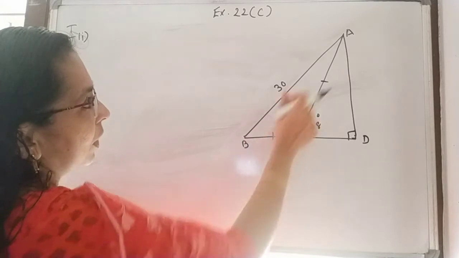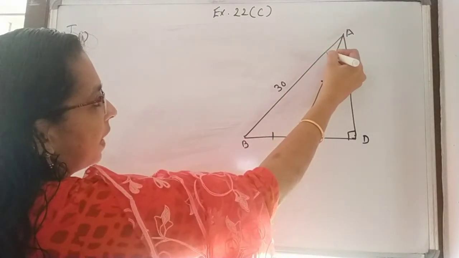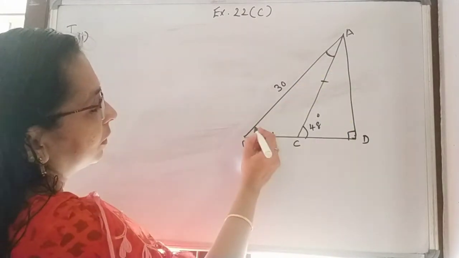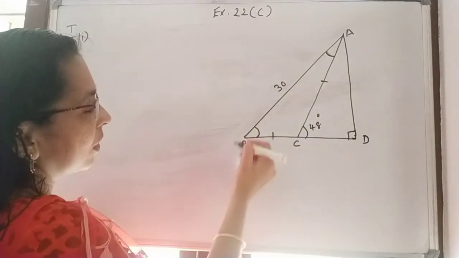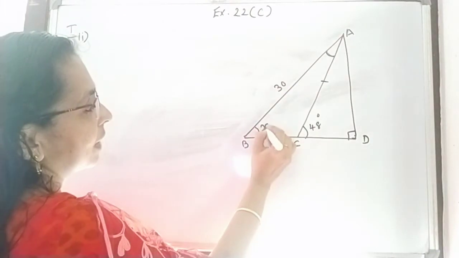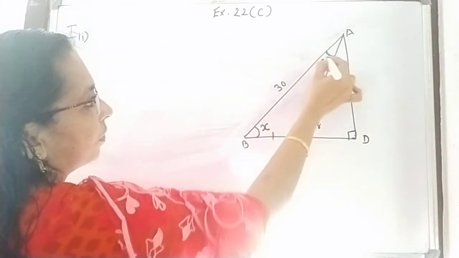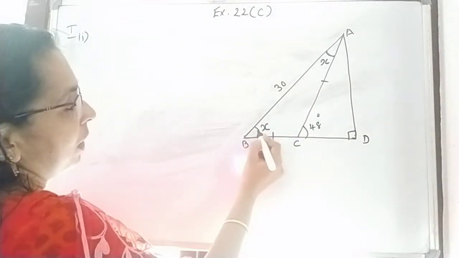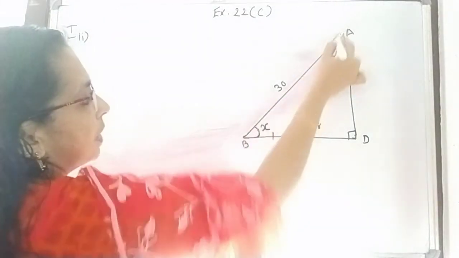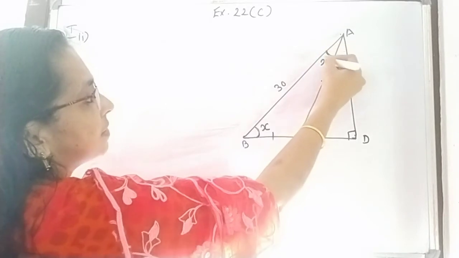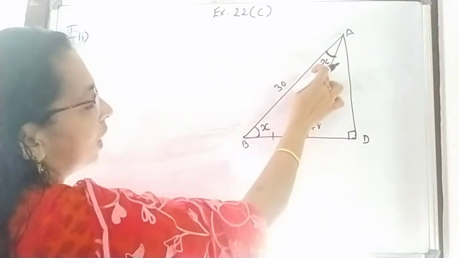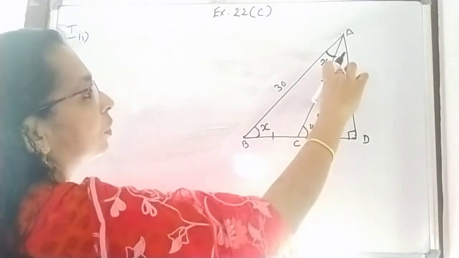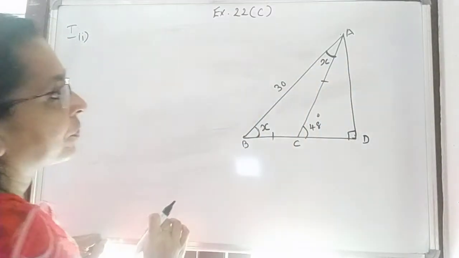So this angle A will be equal to angle B. Let it be X. So angle B we marked as X and angle BAC we marked as X. These two angles are equal because BC is equal to AC is given in the question.